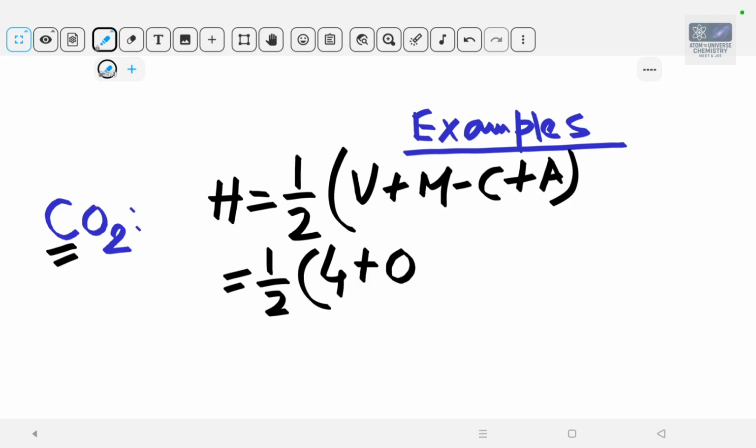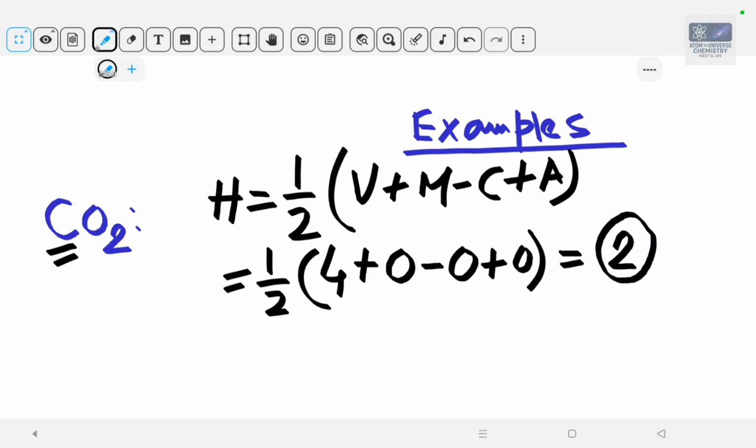Now we have to find out whether there is any positive or negative charge. No, so these are all 0, giving the value 2.